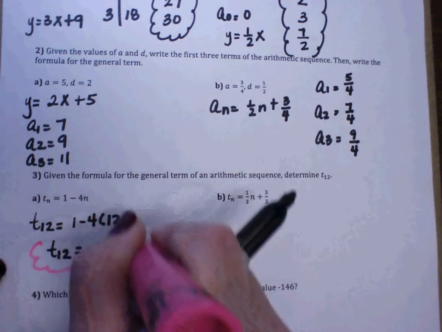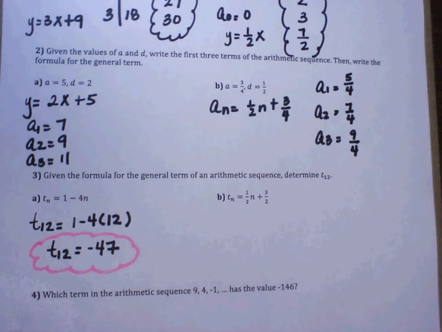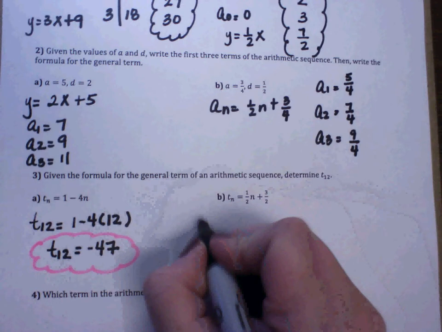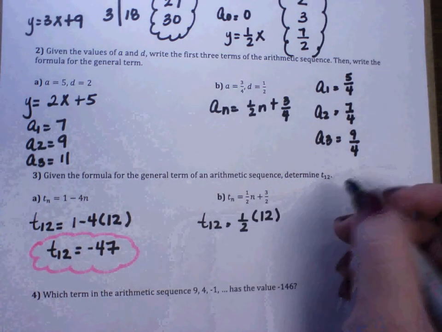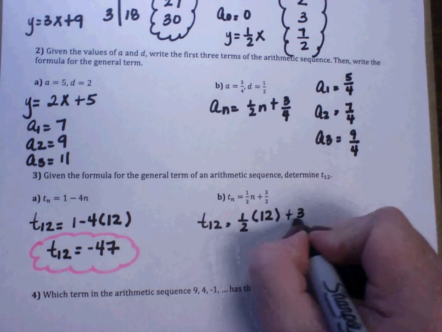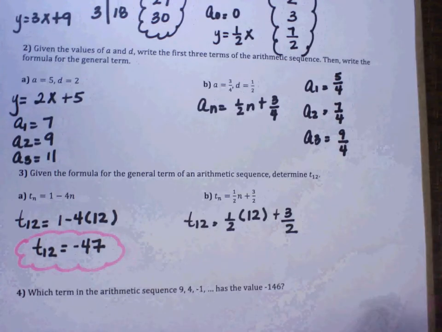All right, t of 12. 1/2 times 12 plus 3/2. So what's t of 12?